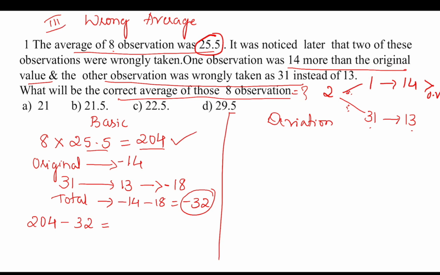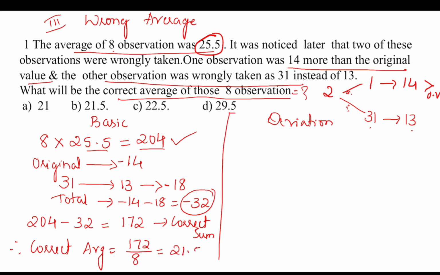So 204 minus 32 will be 172. This is the correct sum which should have been there. So the correct average is equal to the correct sum, 172, divided by the number of observations, 8. So 172 by 8 is equal to 21.5. So this is the correct average.